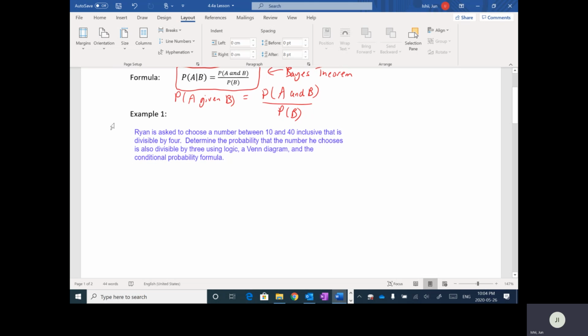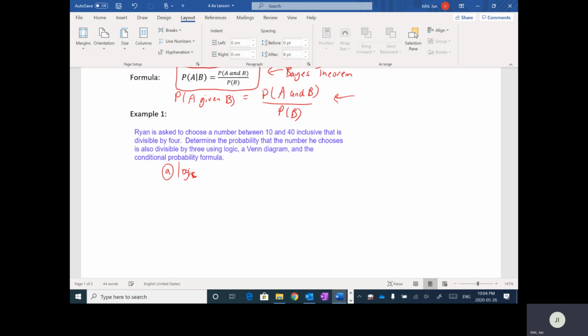I'm going to go through each one, but what we're going to end up doing with the next example after this one is using the conditional probability formula, which is right here. Anyways, the first one here, let's go with logic.